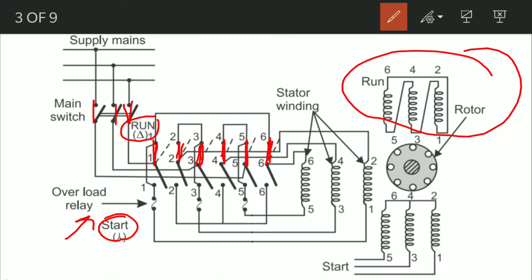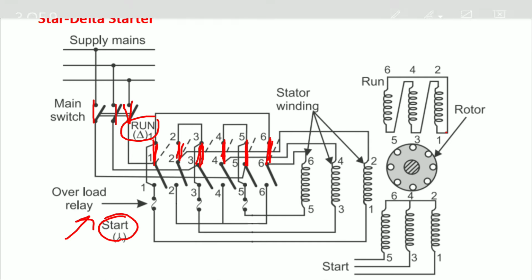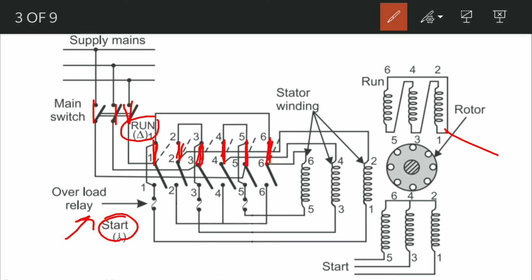In this case, we can connect the phases. Phase 1 here, one phase is connected here, another phase is connected at number 3, third phase is connected at number 5. So this forms the delta connection of the motor.